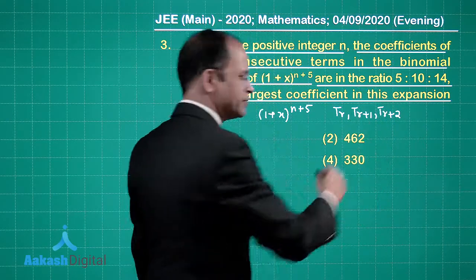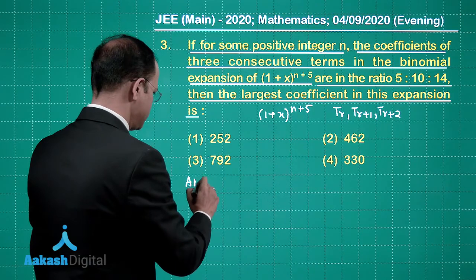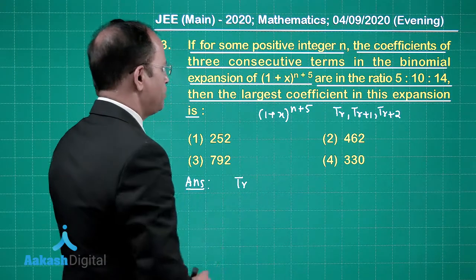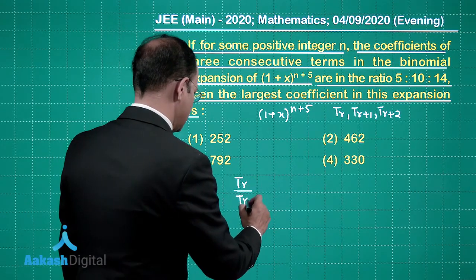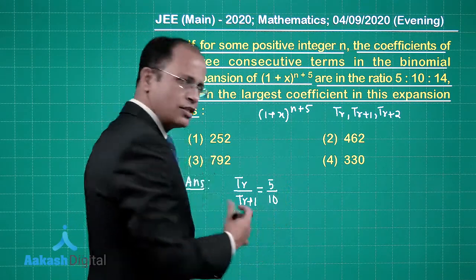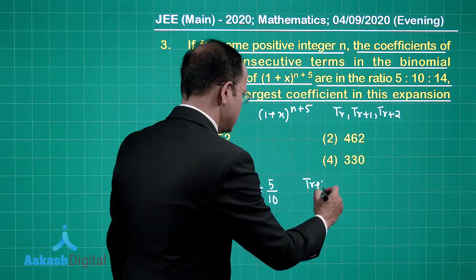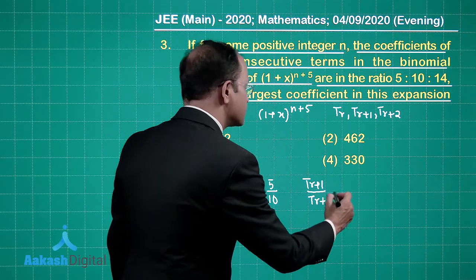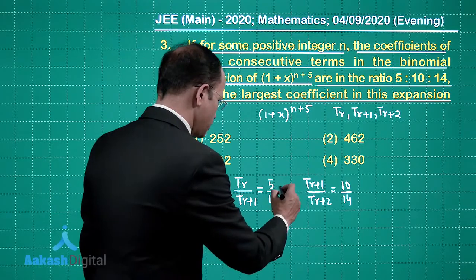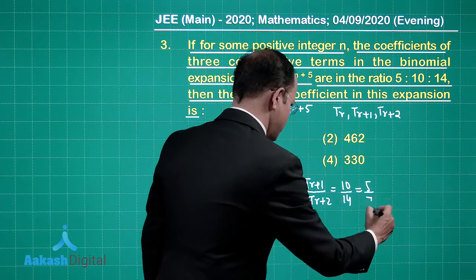Now TR upon TR plus 1 is nothing but 5/10. And TR plus 1 divided by TR plus 2 is 10/14. This is coming out to be half, and this is coming out to be 5/7.